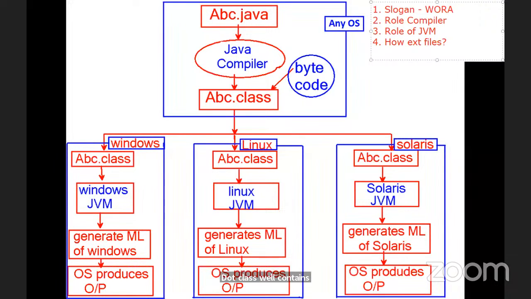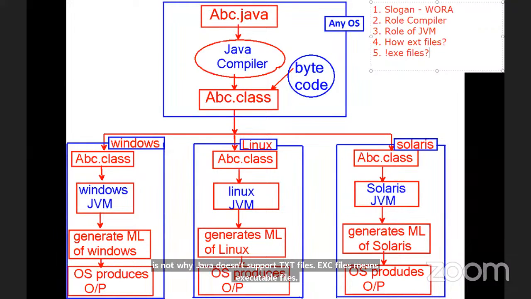Wonderful. Tell me now, fifth question, just guess and tell me. Why doesn't Java support exe files? Exe files means executable files. Come on, guess. Why doesn't Java support executable files? Look at the diagram. All these points in this diagram are related to what?